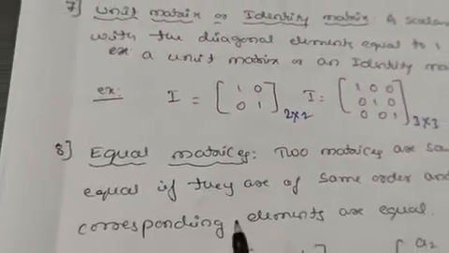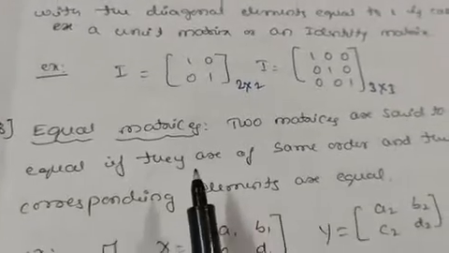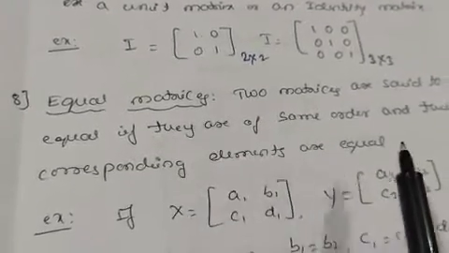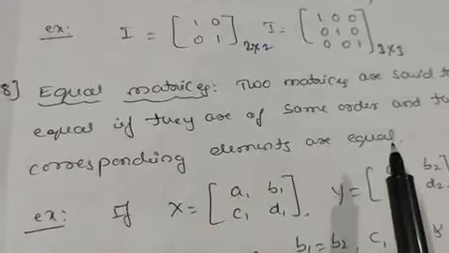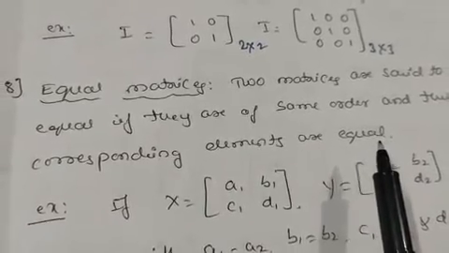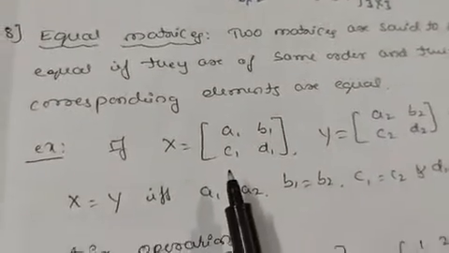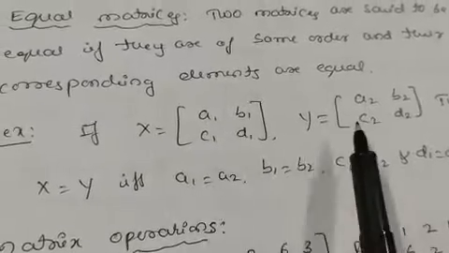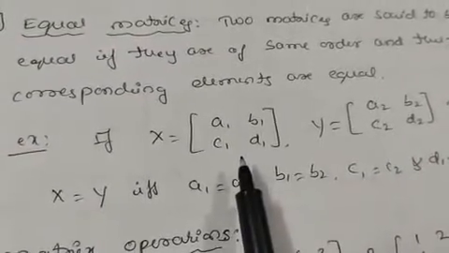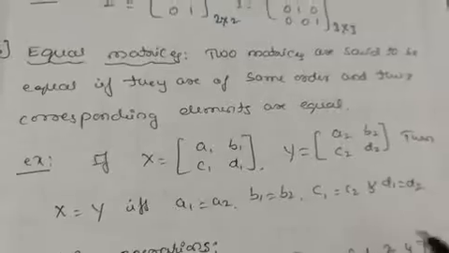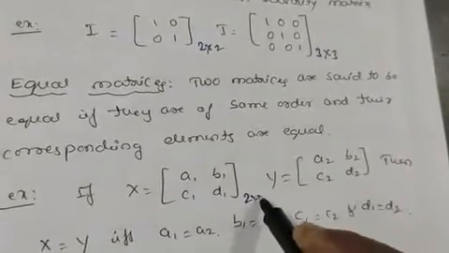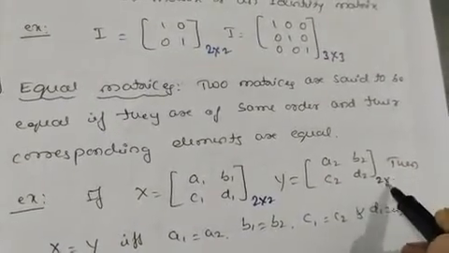Next one is equal matrices. Two matrices are said to be equal if and only if they are of the same order and their corresponding elements are equal. The first point is that their order must be the same. If one is 2 by 2, the other must also be 2 by 2.